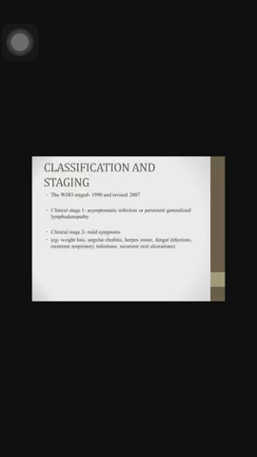Classification and staging of HIV. Now, the WHO staging was in 1990 and revised in 2007. Clinically, stage 1 is the asymptomatic infection or persistent generalized lymphadenopathy.